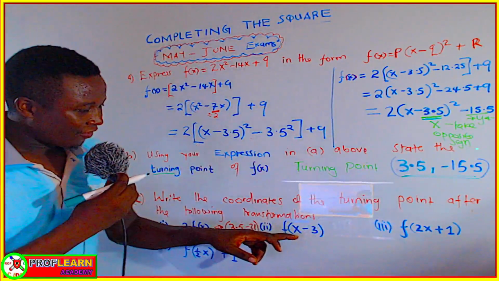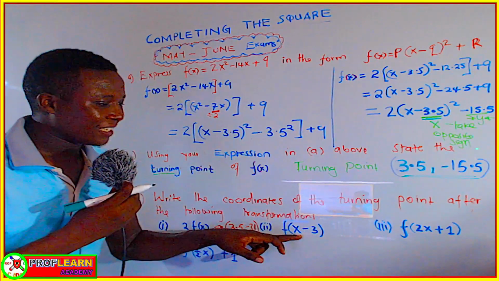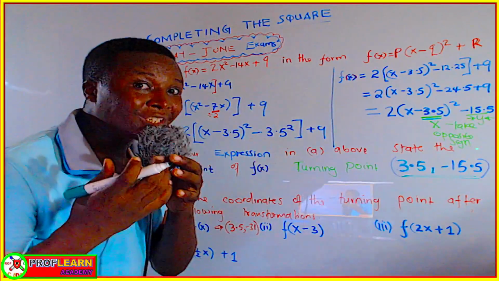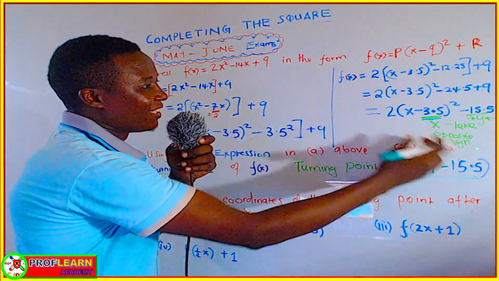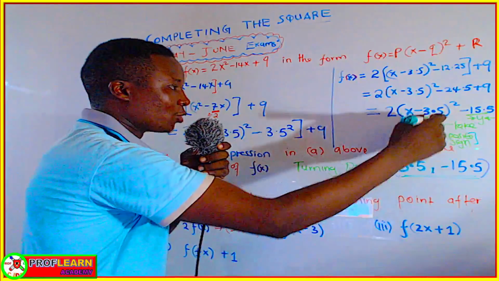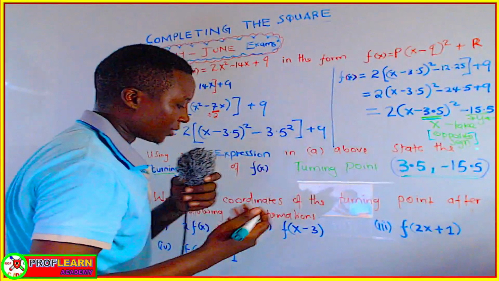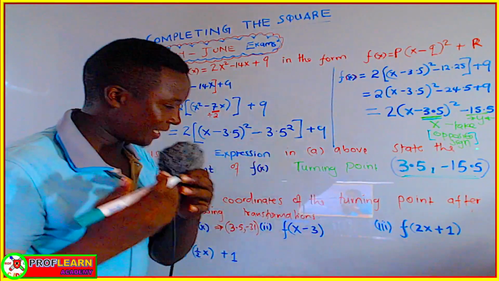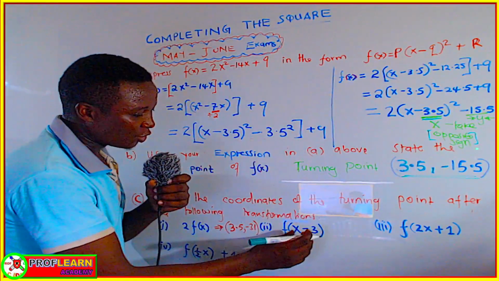But whenever you are performing a transformation on the x coordinate, you are going to do the opposite of what the transformation is telling you. So for instance, when we were picking this one, we took the opposite of the sign that was there. Equally, when we are performing a transformation on the x coordinate, we actually do the opposite.